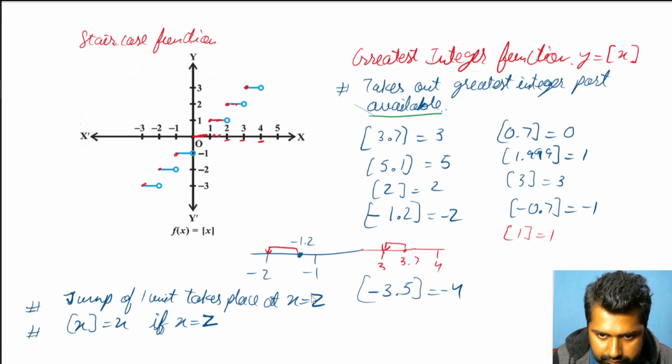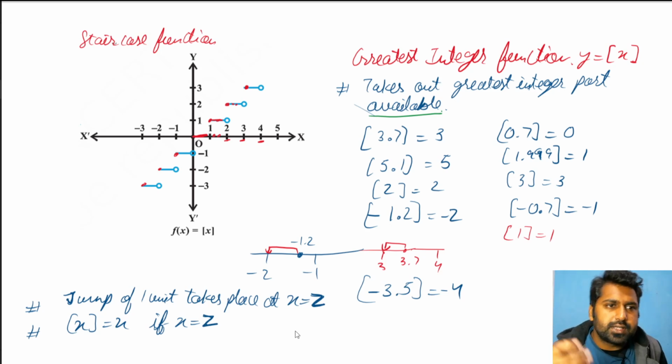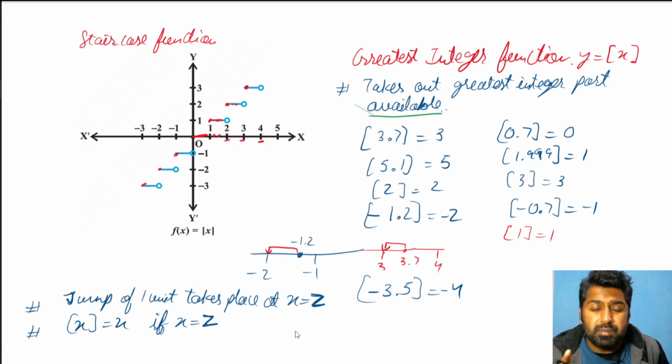Okay. So these are the two key points that might help you when we discuss continuity and differentiability. Somewhere that will help you again. But the working of this greatest integer function is the key part. You should be very thorough about how this function works.